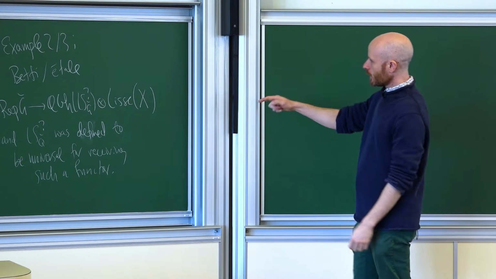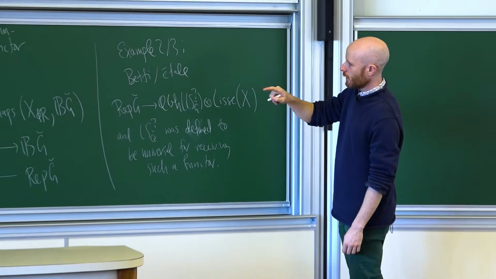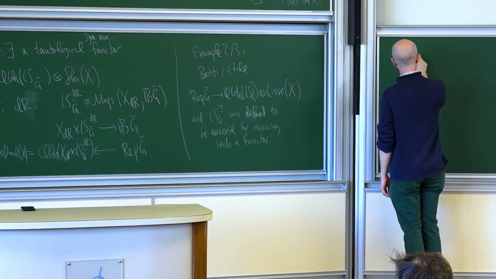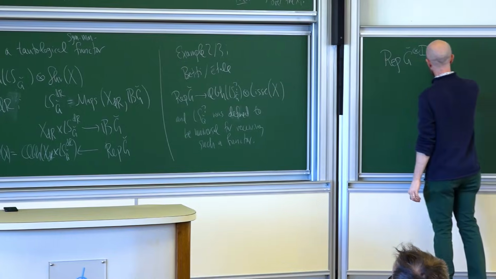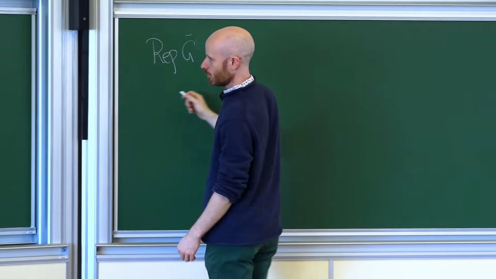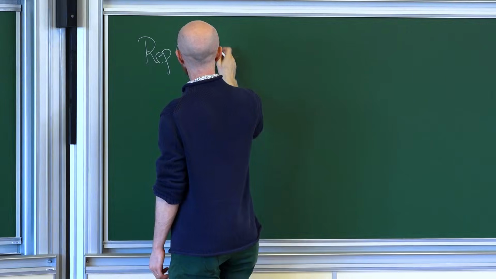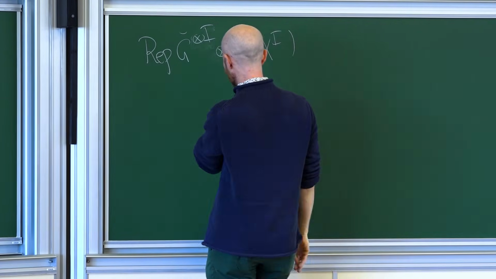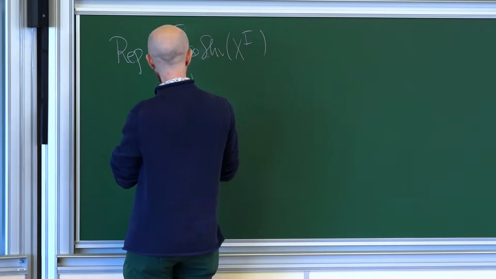OK, so I have these functors, and then what do I do if I'm being very rigorous about everything? Well, I can take, if you give me an I-tuple of representations and a sheaf on X to the I, now what I can do is map this.